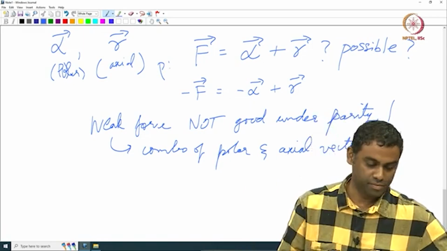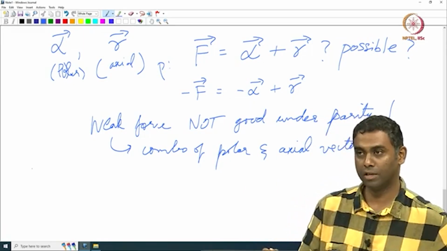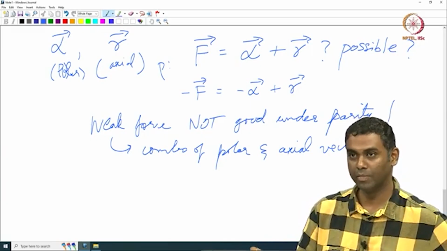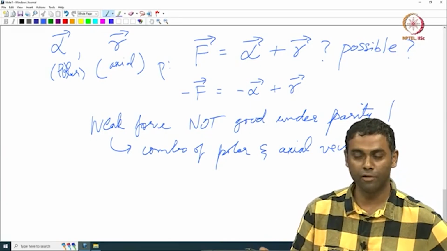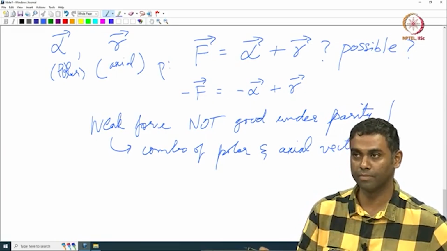Okay, very good. So let's look at the history of the discovery of this violation of parity in the weak force. Why are we going into history? Because it's very instructive. We will learn a lot of good physics from this.